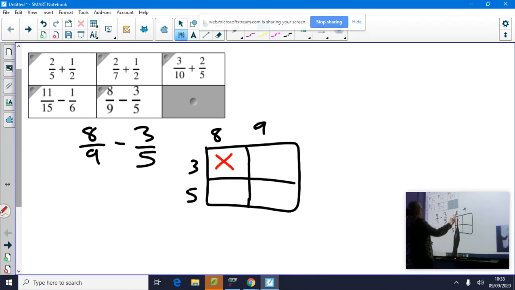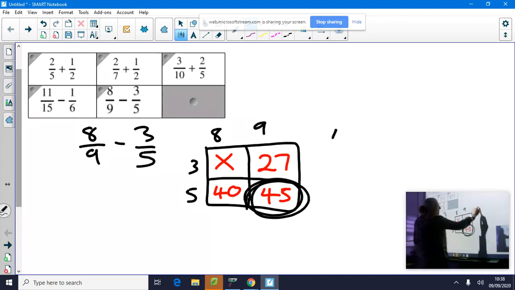Kiss. 3 8s can't do. 3 9s, remember what I say: 9, 18, 27. If you're unsure, count them out. 5 times 8: 8, 16, 24, 32, 40. Lovely. And 5 times 9: 9, 18, 27, 36, 45. Excellent.